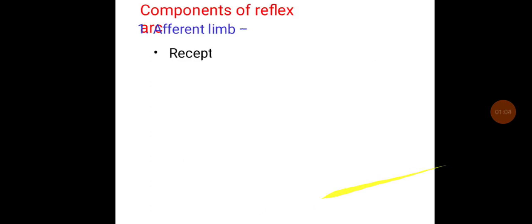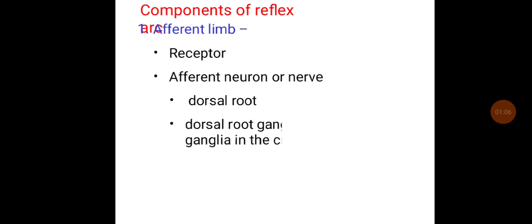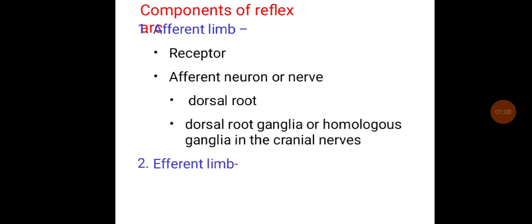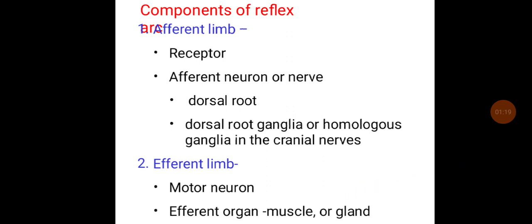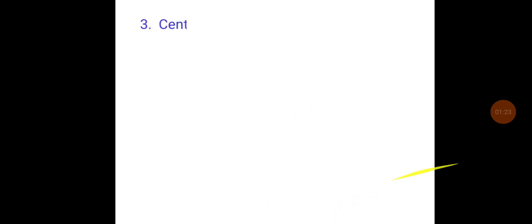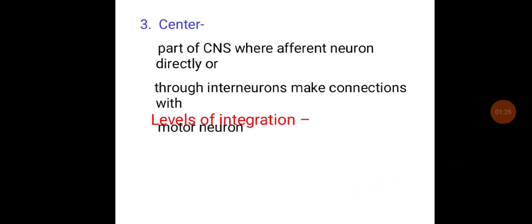These are the components of the reflex. In the afferent limb, we have the receptor, afferent neuron or nerve, and dorsal root or homologous ganglia in the cranial nerve. The efferent limb consists of motor neuron and effector organ, that is muscle or a gland. The center is the part of the CNS where the afferent neuron, directly or through interneurons, makes connections with the brain.